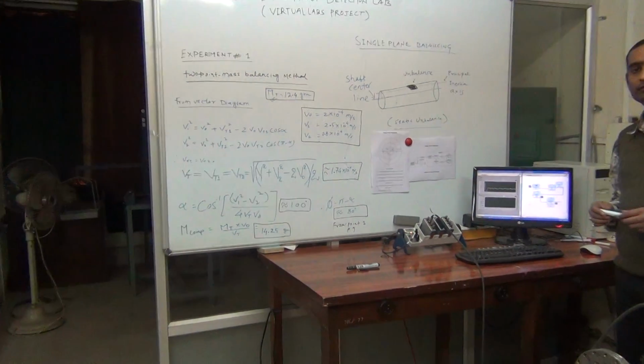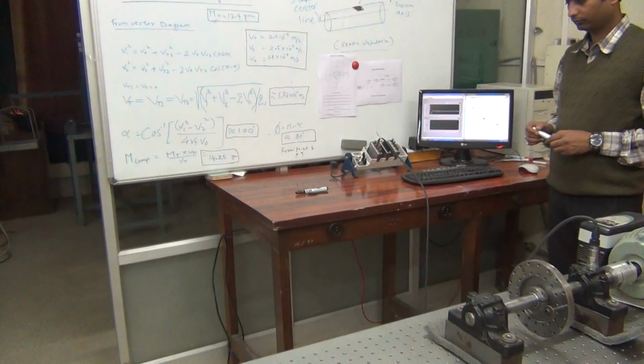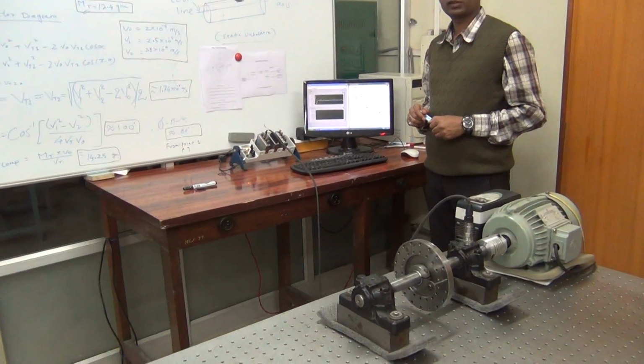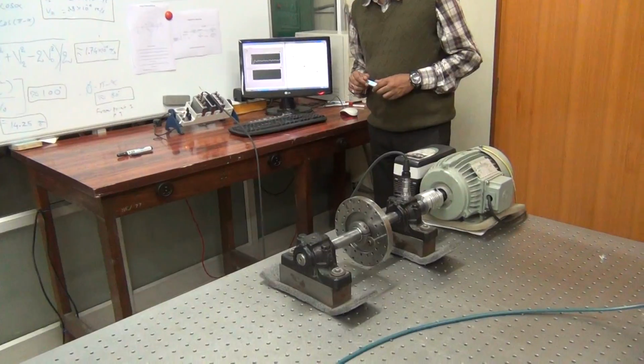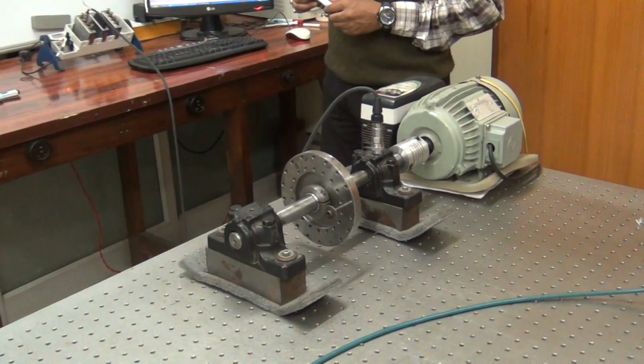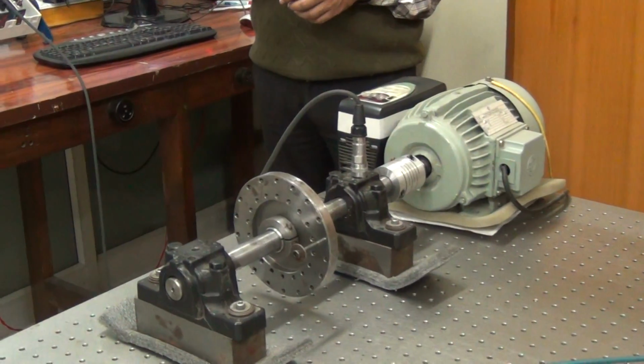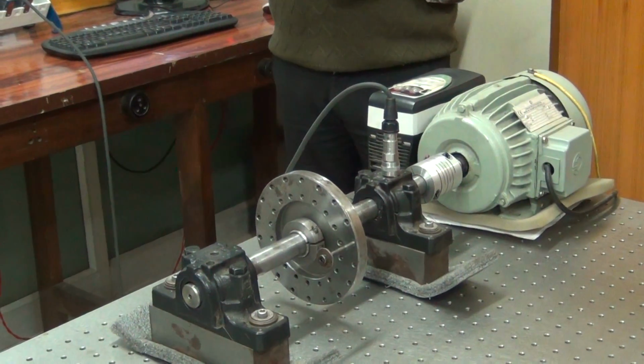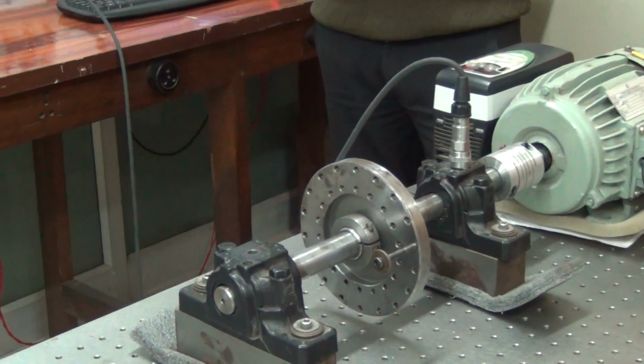Now come to the setup. So here we have our rotor bearing setup. About this setup I have already explained in the previous introductory video, so now we will directly take the responses.